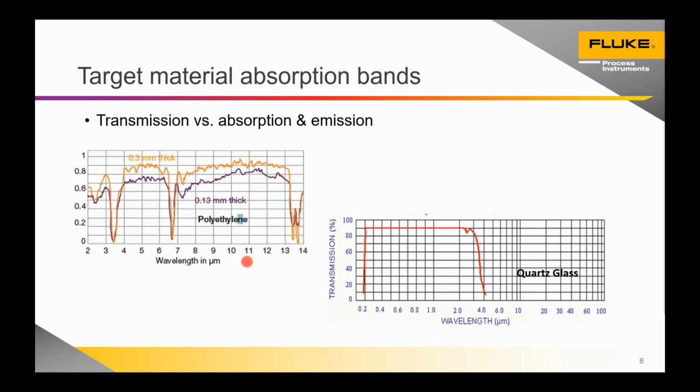The other things that we sometimes have to consider is how we can look through certain materials. So we know in thin plastic applications that we have a couple of very short, narrow bands where we can measure, in this example, polyethylene.